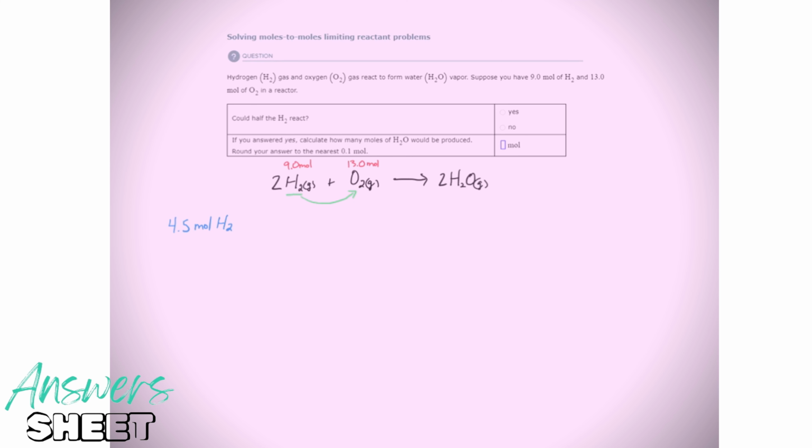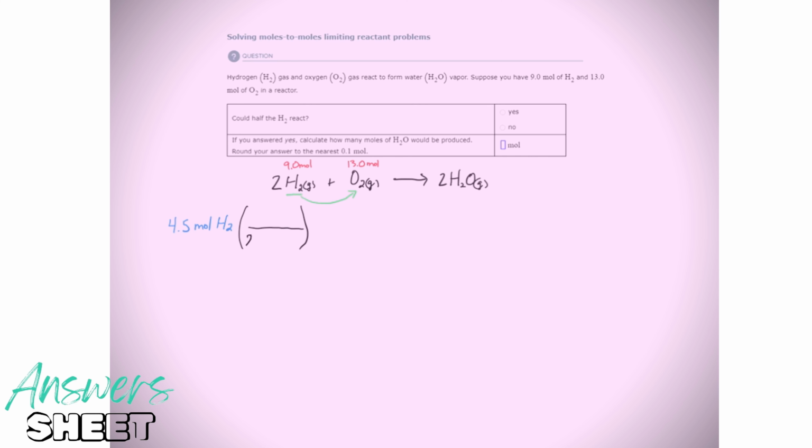So let's see. Because I'm already at moles of hydrogen, I can use the mole ratios or the coefficients from the balanced equation to convert from this substance to this substance. You can only convert from one substance to another once you have moles of your starting substance.